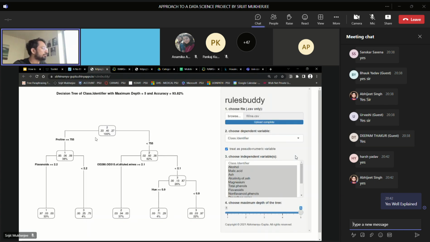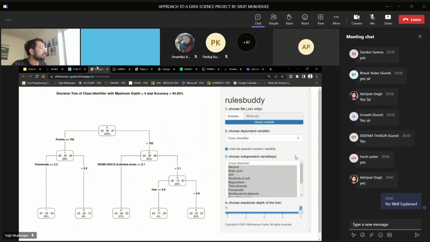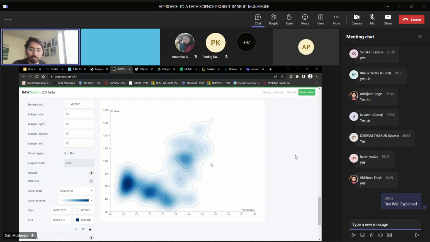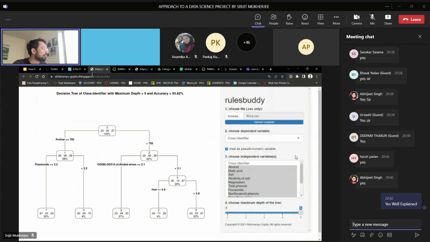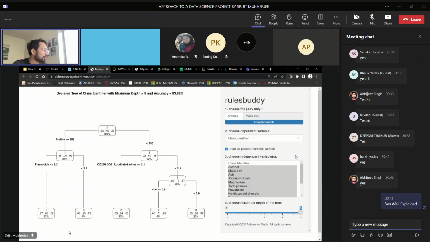It's saying that proline greater than or equal to 755 and flavonoids greater than or equal to 2.2 gives region number 1. Both of them greater, this is region number 1. We have got that before. For flavonoids less than 2.2, that means this region, it's not much. That's why you can see there is 4% out here.